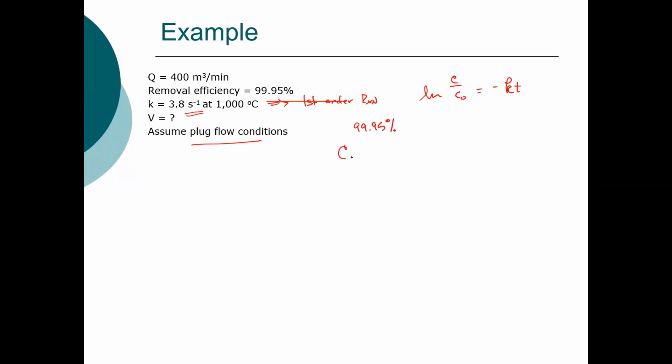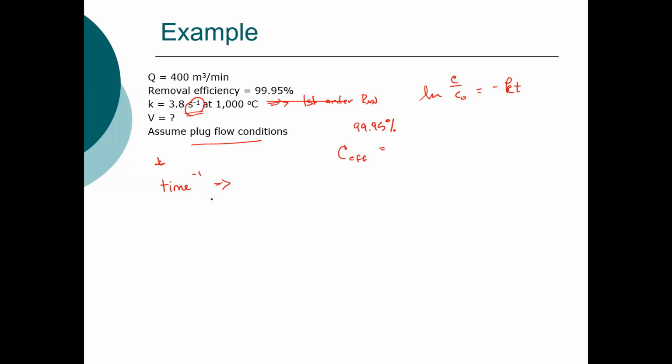How do we know it's first order? We know it's first order because it's inverse time. Whenever you have a reaction rate constant that's inverse time, it will be first order.